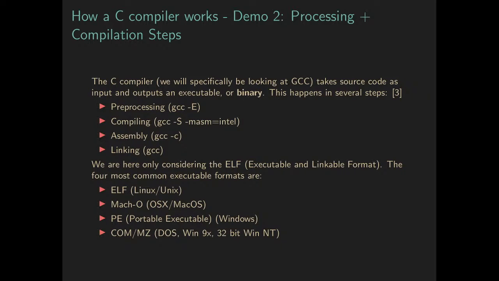So let's briefly talk about what compilation is. When we're looking at C compilation, we run it through multiple steps. You start with preprocessing, which takes C code and gives output C code.